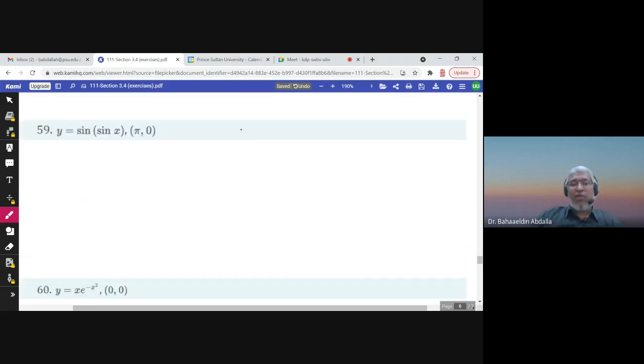Well, here the equation would be y minus 0 or y equals y prime at pi. Okay, this is a and this is f of a times x minus pi. So let me find y prime. Derivative of sine is cosine, the outer function, times the derivative of sine x, which is cosine x.